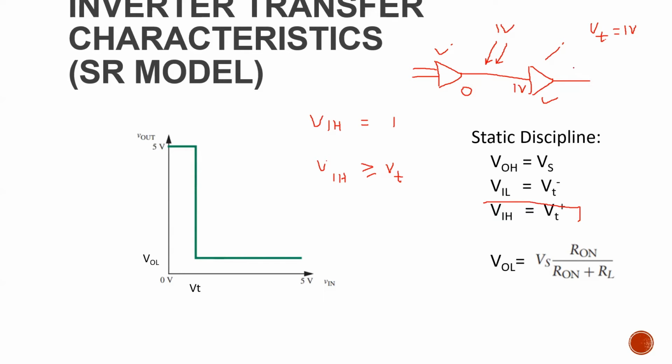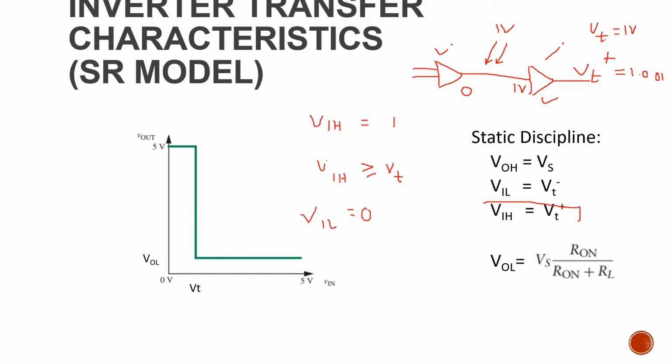Suppose VT is 1 volt, then VT plus will be like 1.001. Similarly, VIL represents logic 0. It is the max value to represent logic 0.